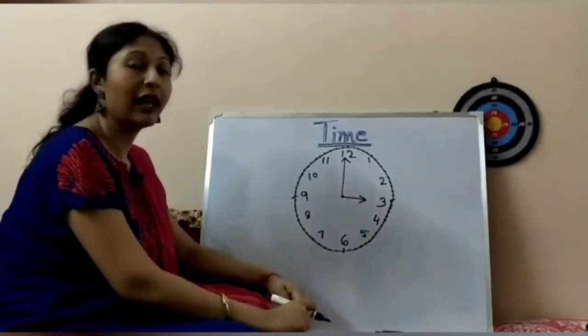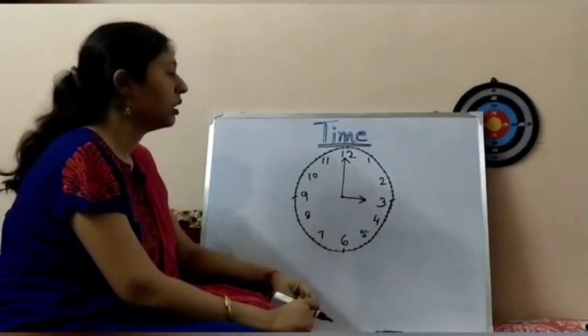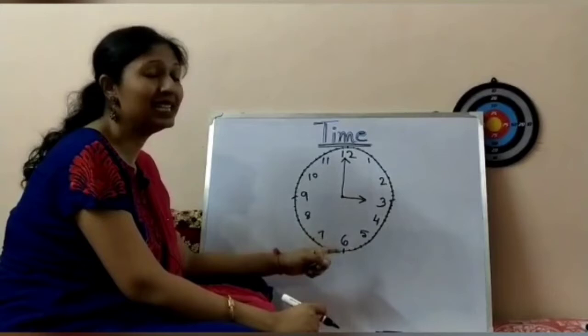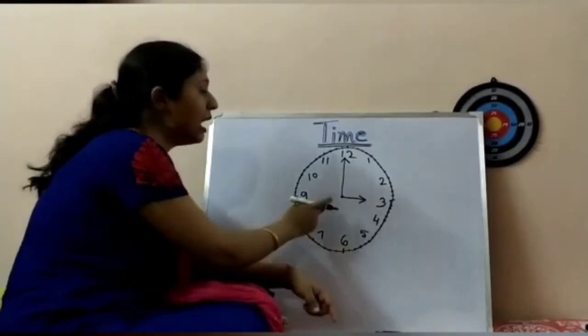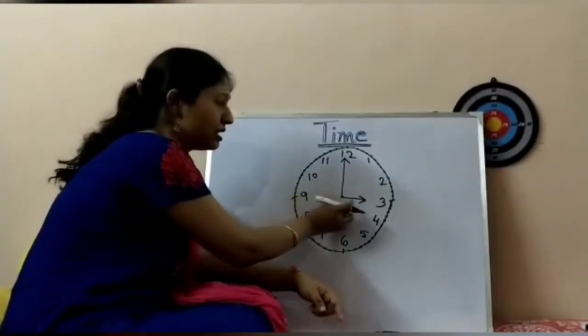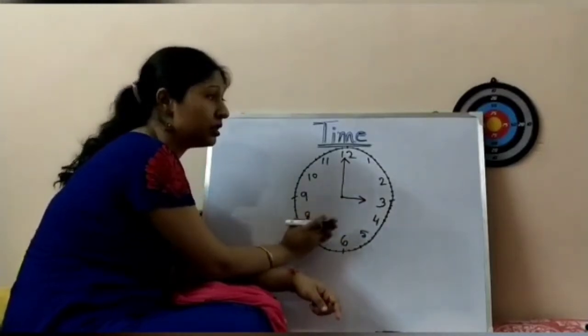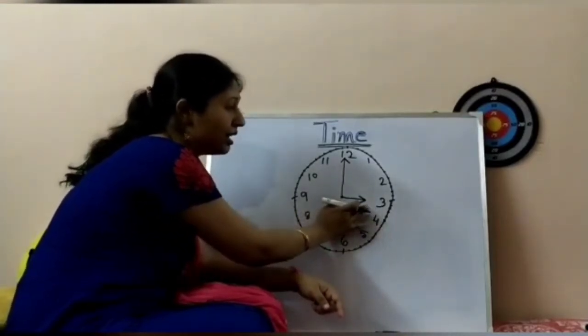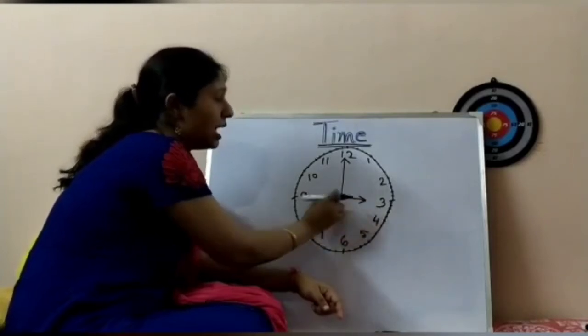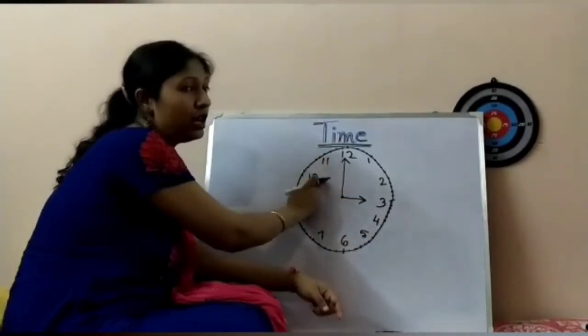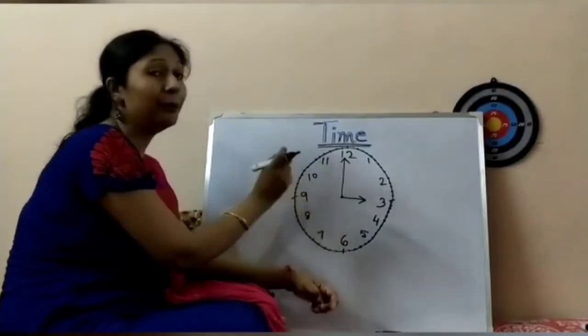We know that time is measured by hour, minute and second. So here I have drawn 2 arrows. The small arrow is for showing the hour, and the big arrow always shows you the minute.